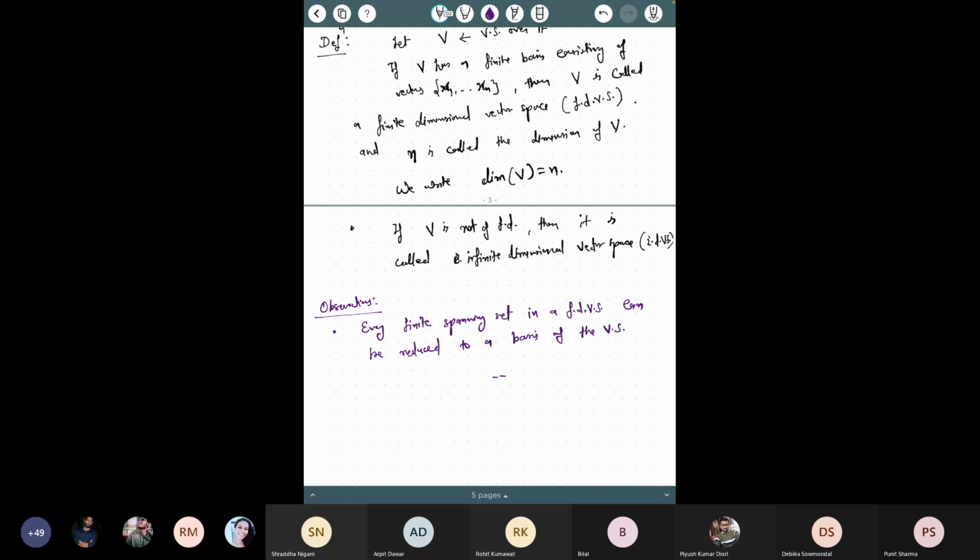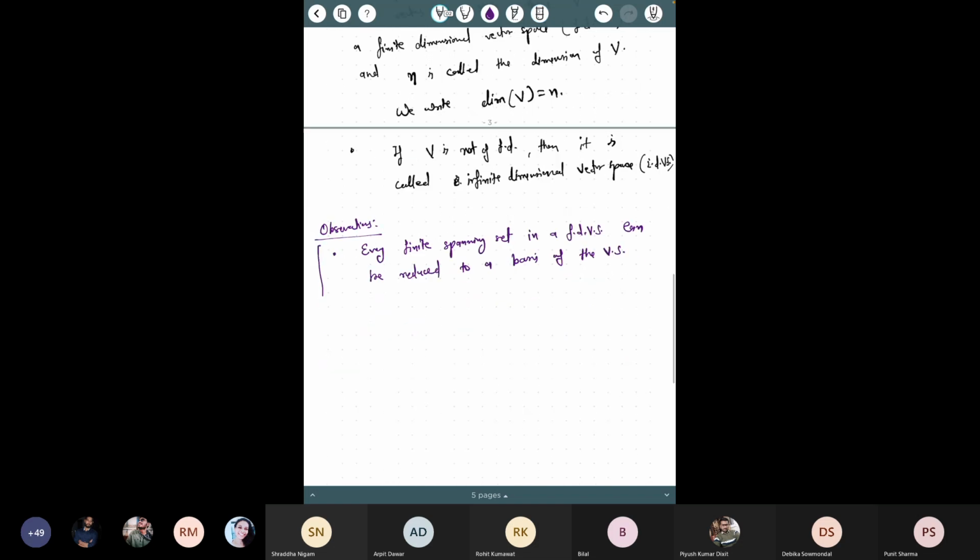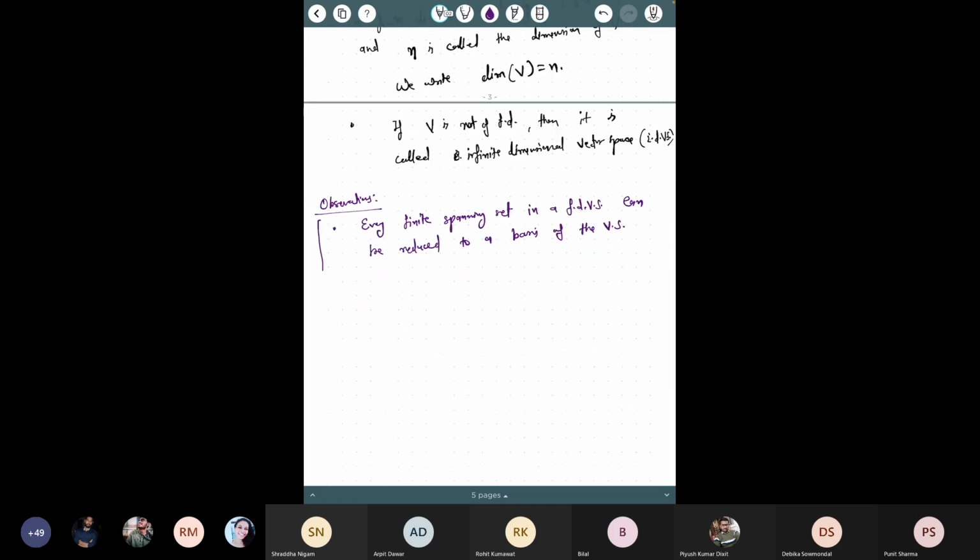Some of these results we have already seen, but let me write them again. So if we have a finite dimensional vector space, then every finite spanning set can be reduced to a basis. Now, can you tell me why this is true?